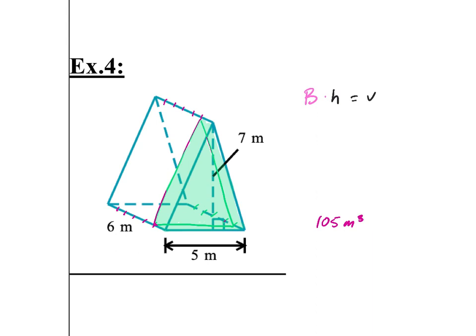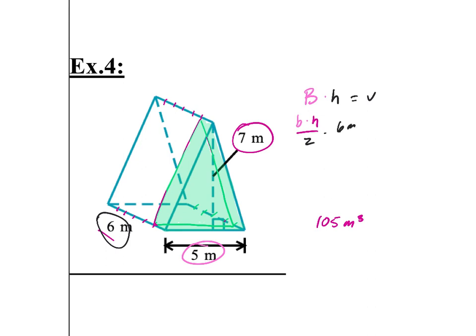You should come out with 105 meters cubed. Because you're looking at the triangle, right? So that's going to be the base times the height divided by 2, because it's a triangle. And then the height of this prism is actually 6 meters.